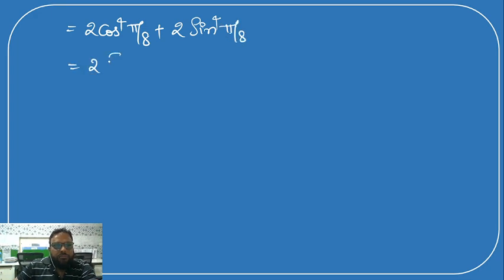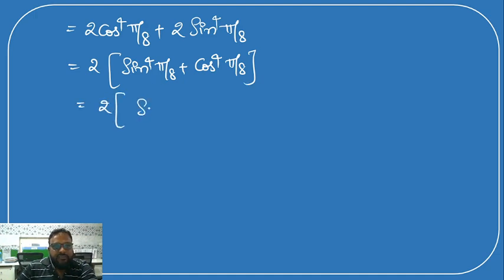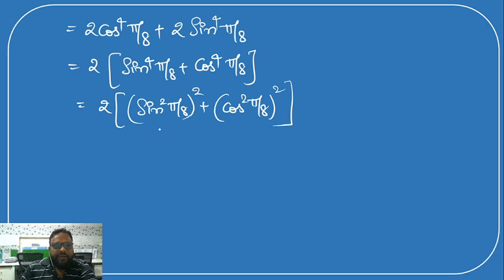If I take out 2 common, I will be left with sin to the power of 4 pi by 8 plus cos to the power of 4 pi by 8. So here 2 into this, I can write this as sin square pi by 8 whole square plus this I can write it as cos square pi by 8 whole square. Right, a square plus b square formula you can apply here.